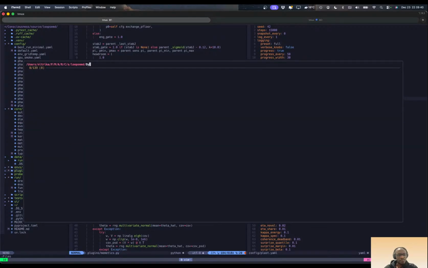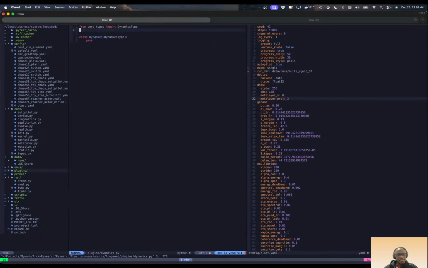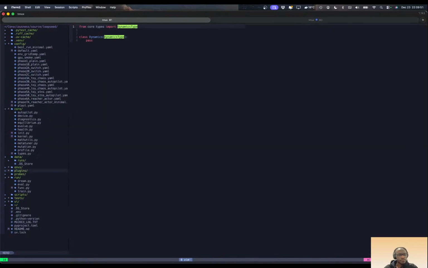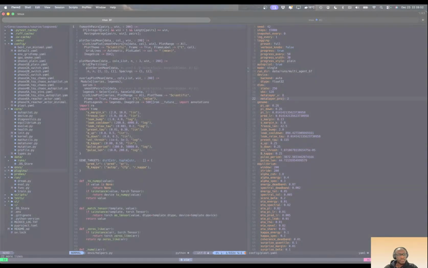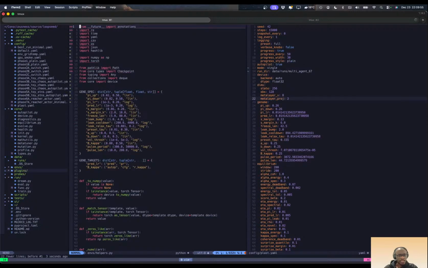I can open a few files. Is it the dynamics file? Yes, I do have the dynamics file, and I do have the types file as well.